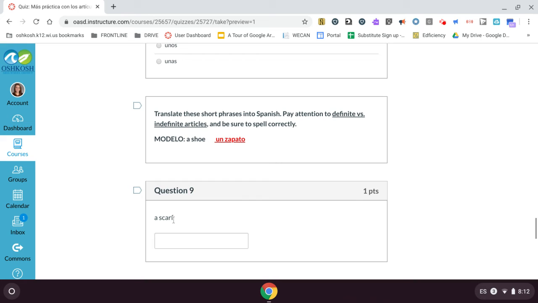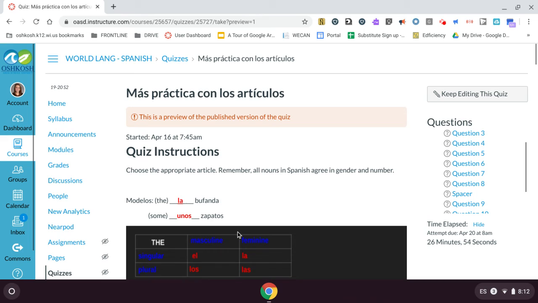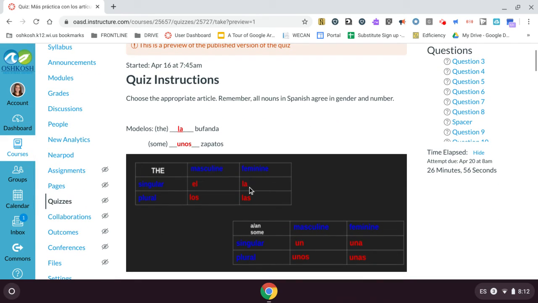So this is going to be a scarf. So what I would like you to do first is take a look at how we say scarf in Spanish. If you go in your notes and you look at the word scarf, it is going to show you la bufanda. However, la bufanda is not how we say a scarf. Because if we go up to the chart, what does la mean? La means the.